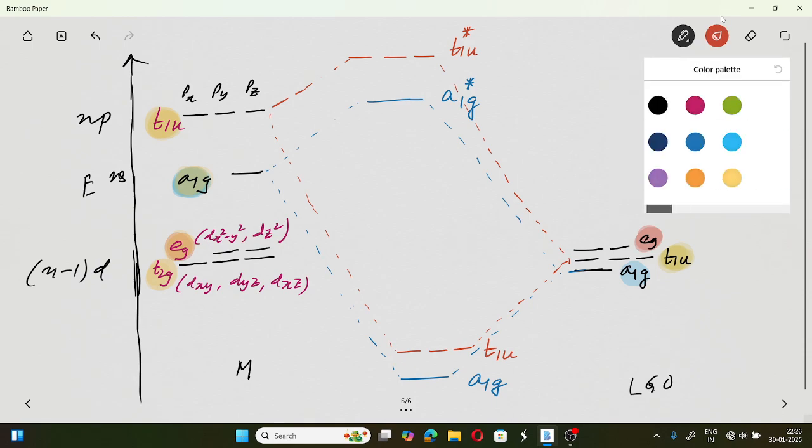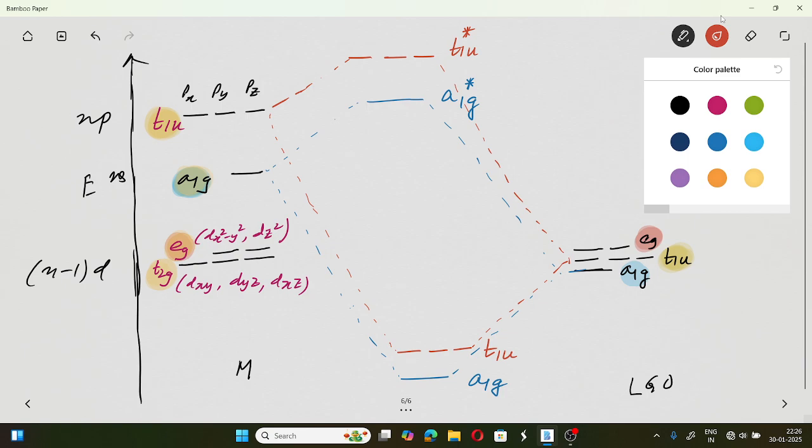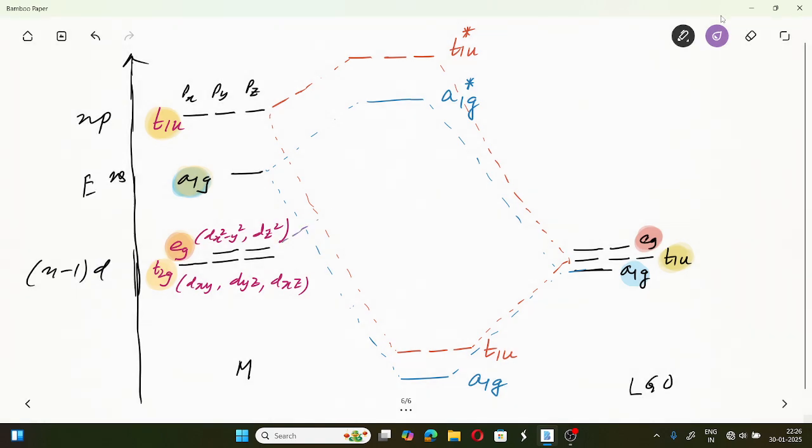So these two will combine. So this will be EG and this will be EG star.